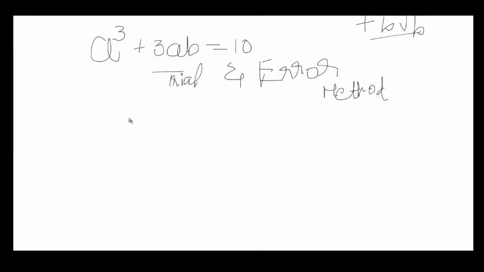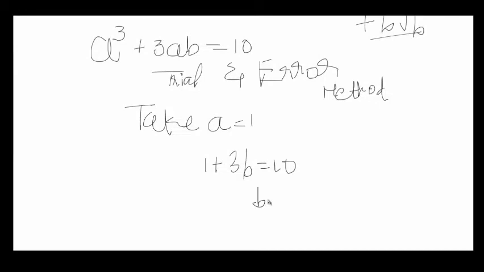Take a equals 1. So 1 plus 3b equals 10. So now b we got as 3. You might also ask that if we take a equal to 2, we might get another integer. So what is the proper condition that this is the answer? I'll explain that.